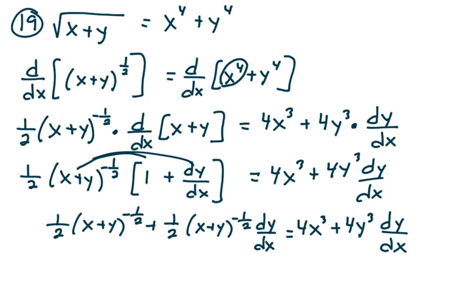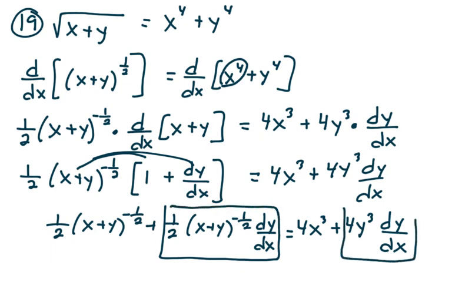Now, I want to collect the terms that involve dy/dx on one side, so that's this term, and I need to collect this term on one side of the equation, and I want to put everything else on the other side. So I'm going to write this as 1 over 2(x+y)^(1/2) minus 4x^3.